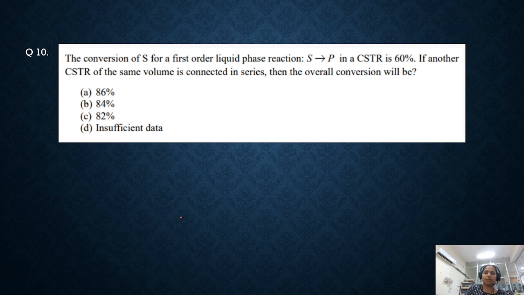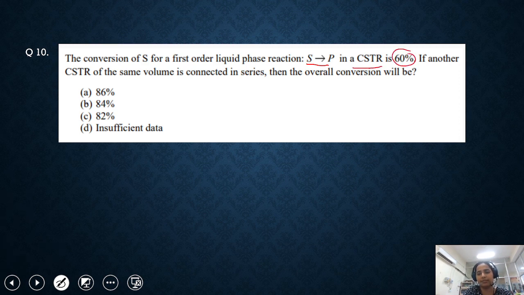Now coming to this question. The conversion of S for a first order liquid phase reaction S to P, that is substrate to product, in a CSTR is 60%. If another CSTR of the same volume is connected in series, this is important here, and this is also the same volume.